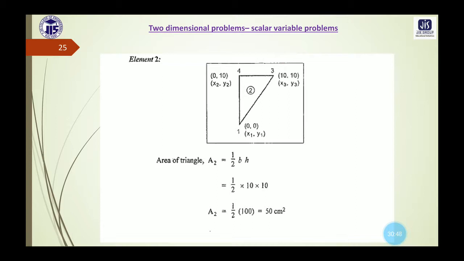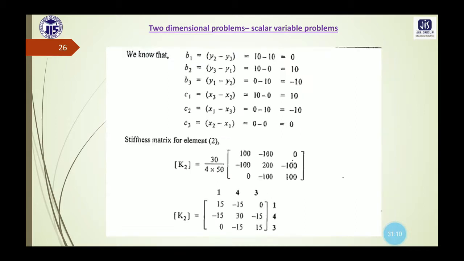Next, for element 2, similarly we can calculate the area of the triangle, it is half into base into height, so the area we are getting is 50 centimeter square. So we can directly use this formula because now we know the length of b and h, so we can directly put these values and we can calculate this A2.